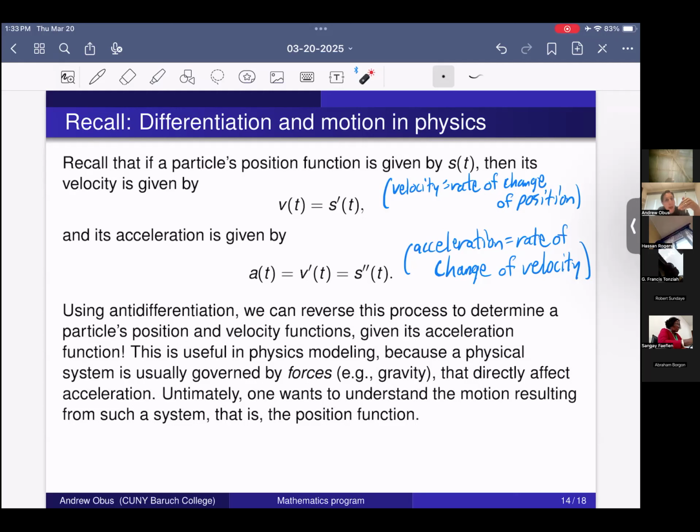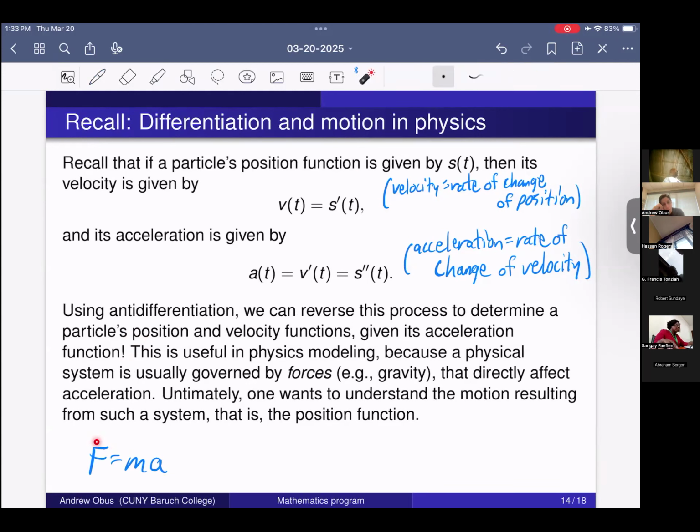This is particularly useful in physics modeling because a physical system is usually governed by forces, like gravity, electromagnetism, or tension. And forces we know through Newton's law: force equals mass times acceleration.